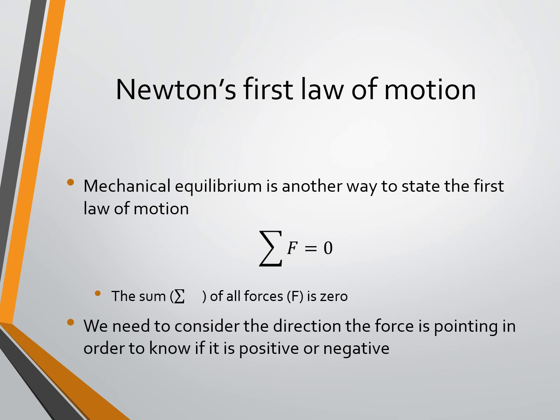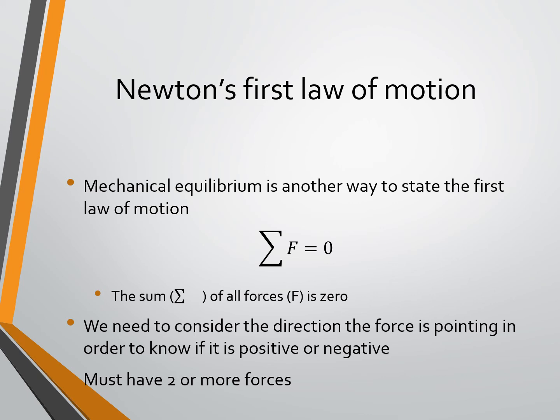We can take all negative numbers and add them together. If we add them up, they're never going to be 0 as well. So we have to have positive and negative values associated with our objects in order to correctly find a net force equal to 0.